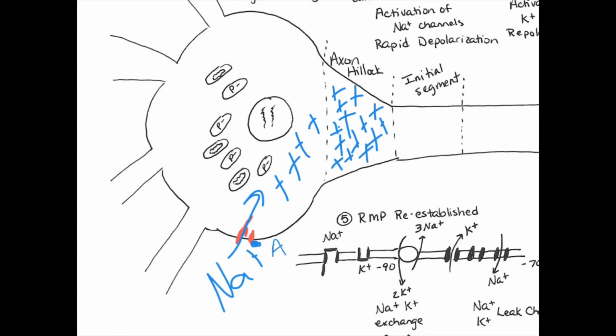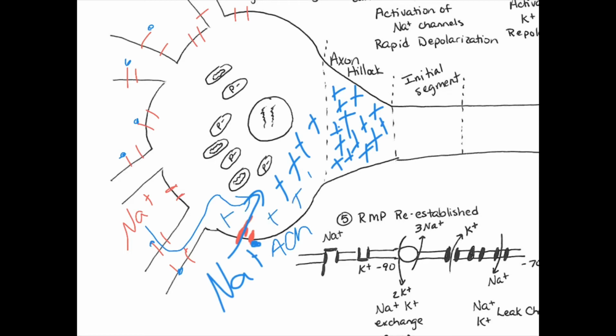But now let's say there was enough acetylcholine. And acetylcholine, by the way, there's all these sodium channels all over the place, right? They're everywhere. So if there's enough acetylcholine binding to these channels, that means there's going to be a lot of sodium moving into the cell. And that's going to make the inside of the cell more positive.